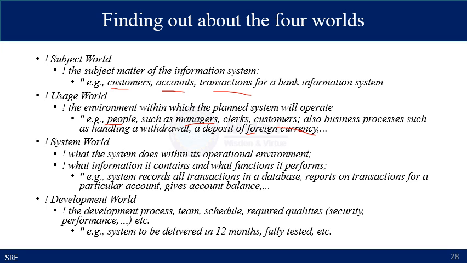System world specifies what the system does within the operational environment, what information it contains, and what function it performs. For example, the system records all the transactions in the database and reports on transactions. And the development world is the development process, team, schedule, or required qualities, for example, security, performance, for example, system to be delivered in 12 months, fully tested.